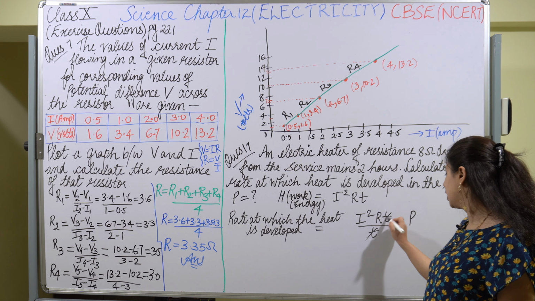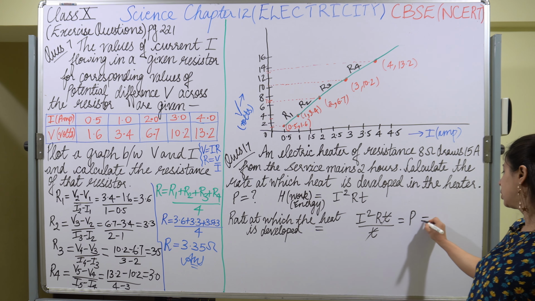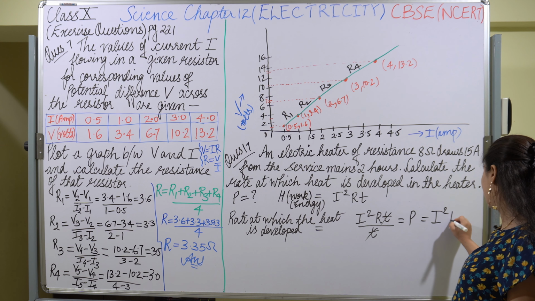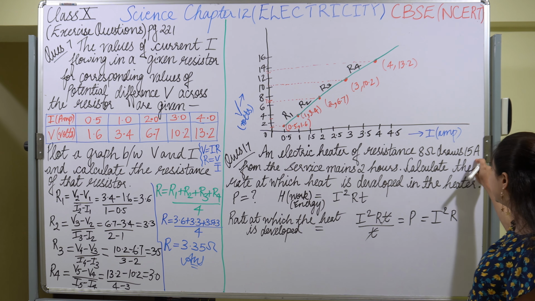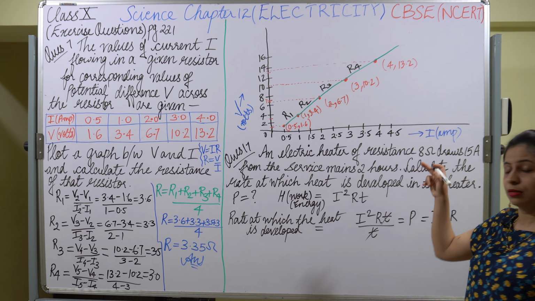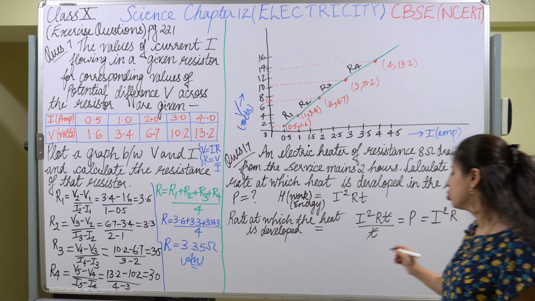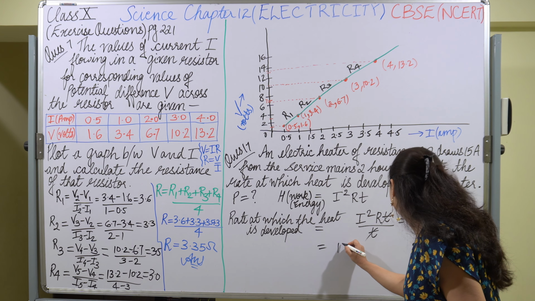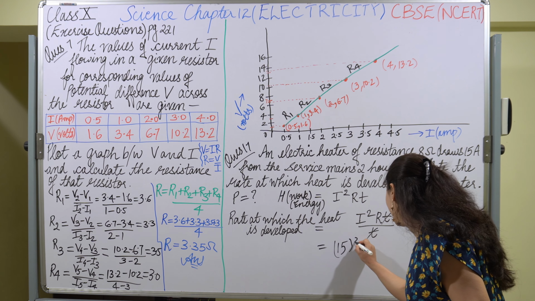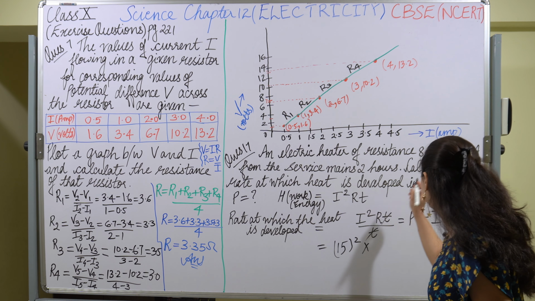Okay, so T gets cancelled, so we are left with here I square R. We have been given the current as 15 and the resistance value as 8. So let us put it: 15 square into 8.